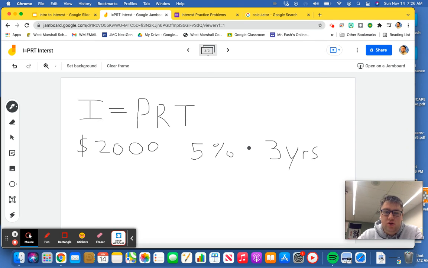Okay. So I can clean this problem up a little bit. I don't need my dollar sign, so I can just write 2,000 times my rate. I don't need the percentage sign, but I do need to change this percentage to a decimal. Okay, so to do that, I move the actual decimal over 2 spots, so it would be 0.05, times the number of years.